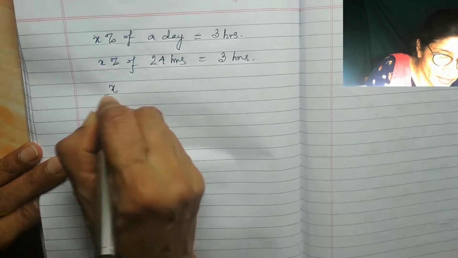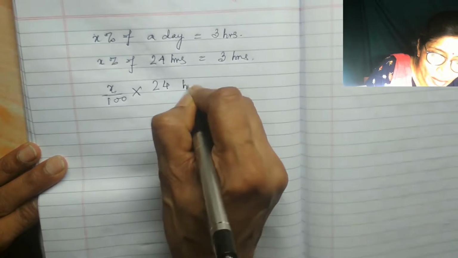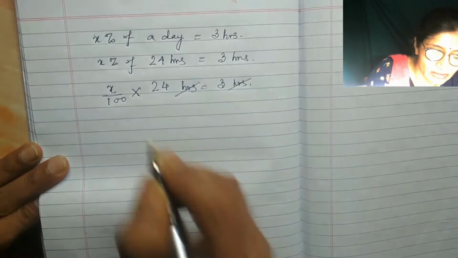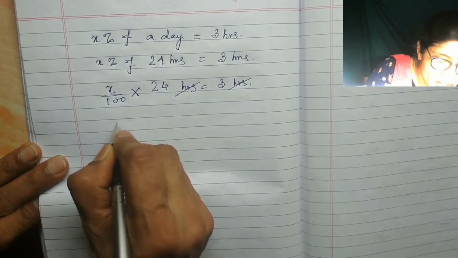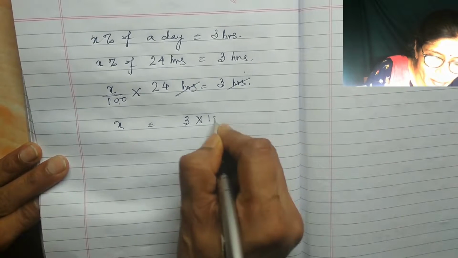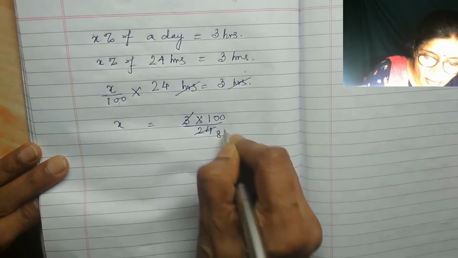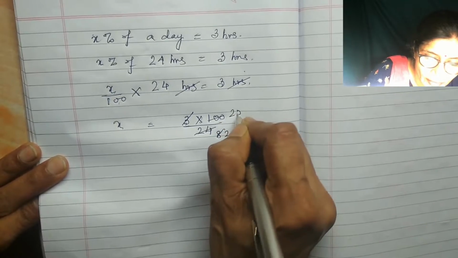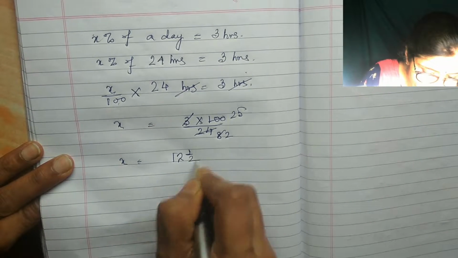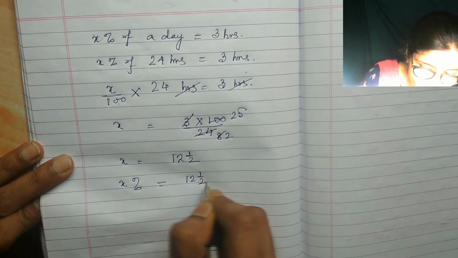X percent of a day means x by 100 into 24 hours is equal to 3 hours. Hours cancelled. And here it will be, it means x will be equal to 3, this 100 will go to this side, it will be into, and this 24 will be down. So x is equal to 12.5, and since it is x percent, so x percent will be equal to 12.5%.